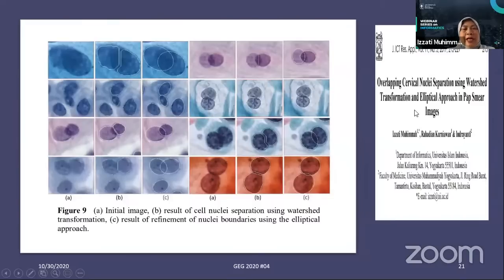We observe that from the pap smear data, the shape of the nuclei is elliptical. So we combine the watershed and elliptical approach to separate the overlapping cells. Okay, the image in column A is the initial image, and in the middle, B is the separation of the nuclei using only watershed.